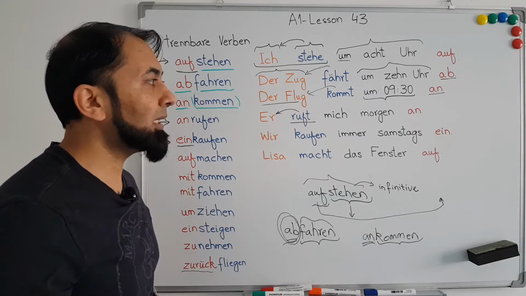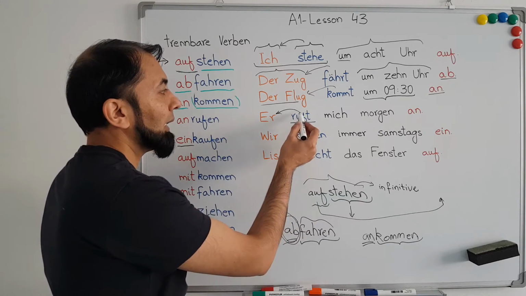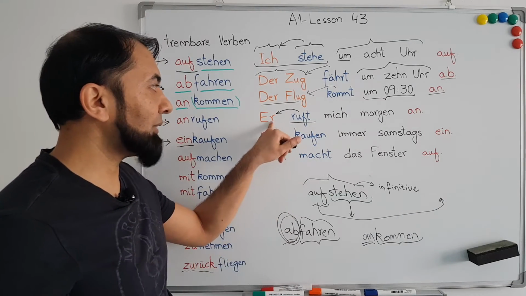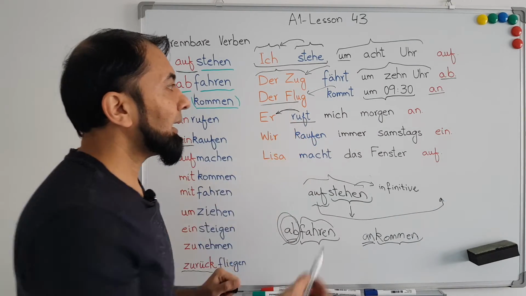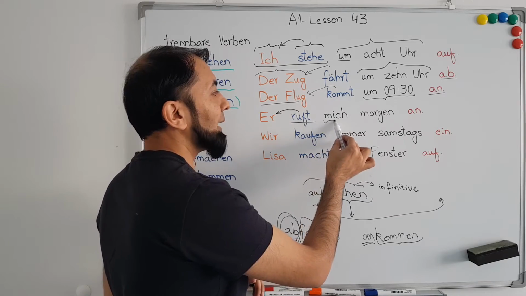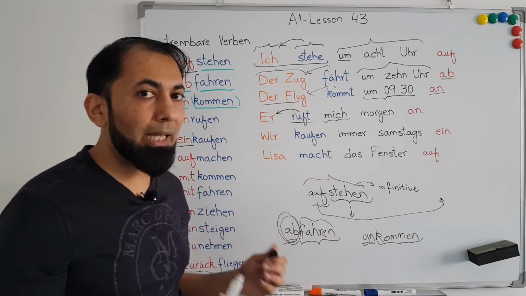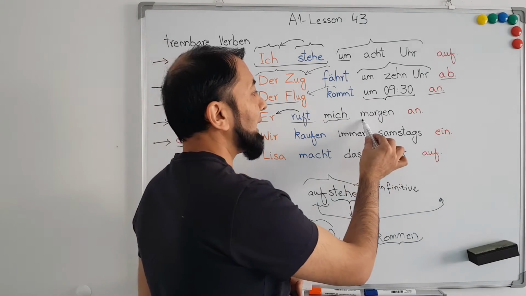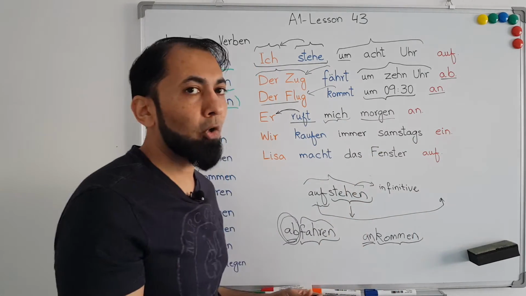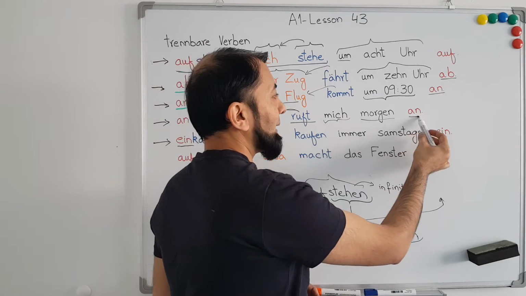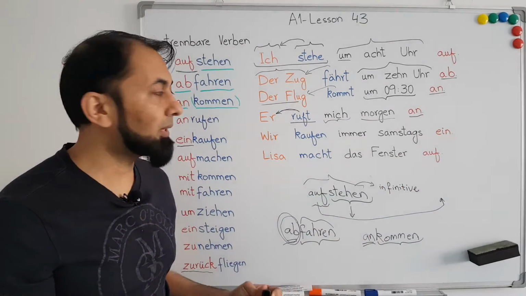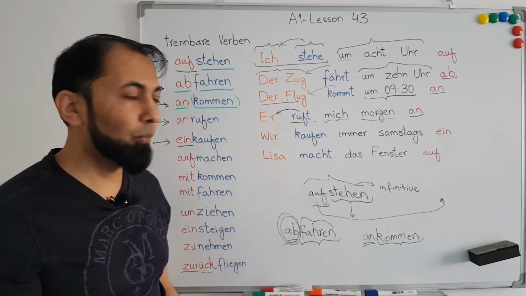He calls me tomorrow. Now you just conjugate this rufen with respect to er, which is the subject of the sentence, and to whom he is calling. So I am the accusative object of the sentence, he is calling me tomorrow, and at the end of the sentence we will use the prefix of the separable verb anrufen.